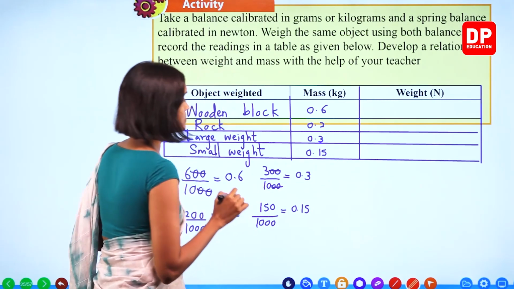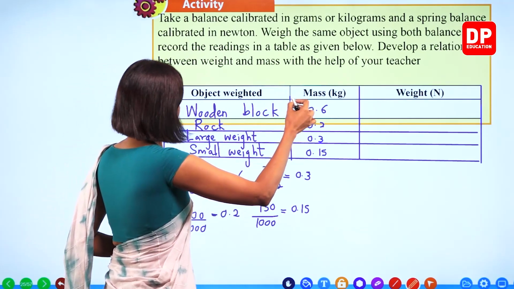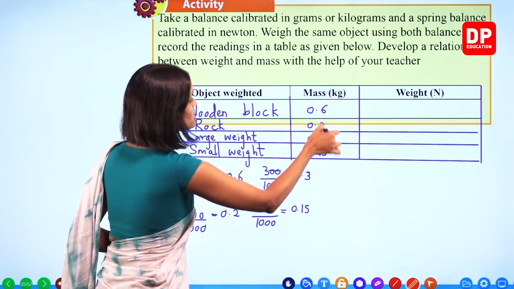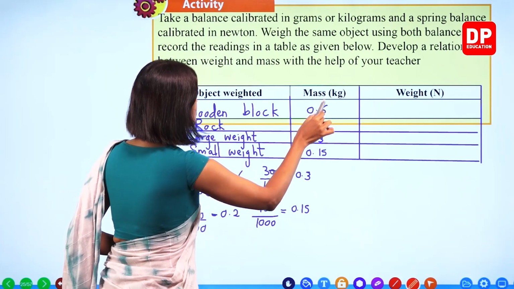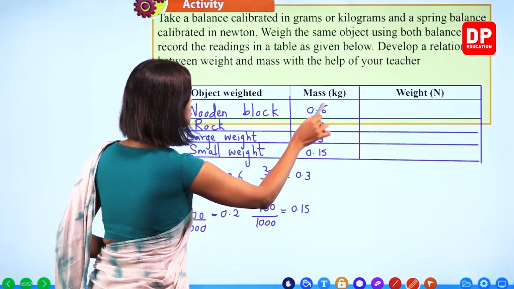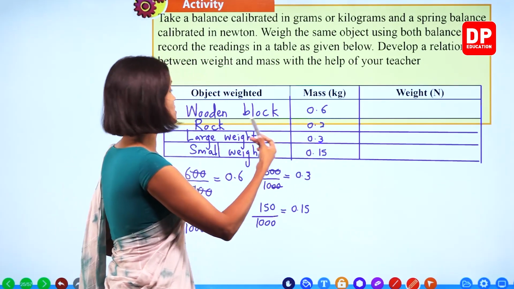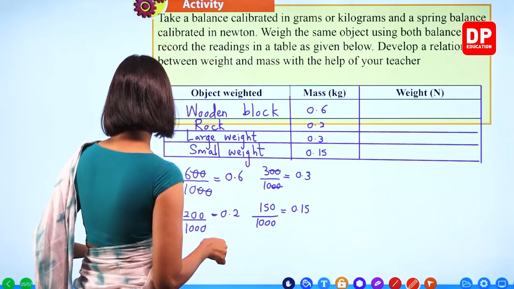Now we measured them in grams, but here you have to mention them in kilograms. Wooden block 0.6 kilograms, rock 0.2 kilograms, large weight 0.3 kilograms and small weight 0.15 kilograms.